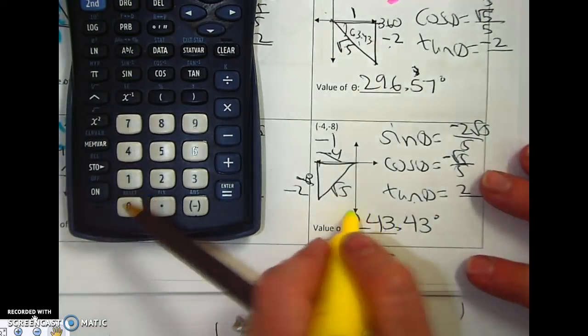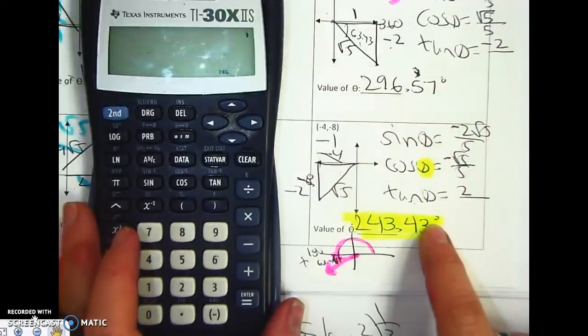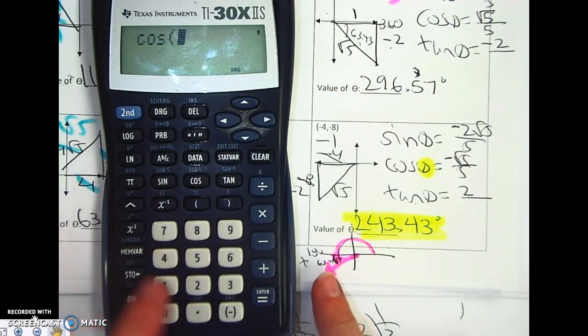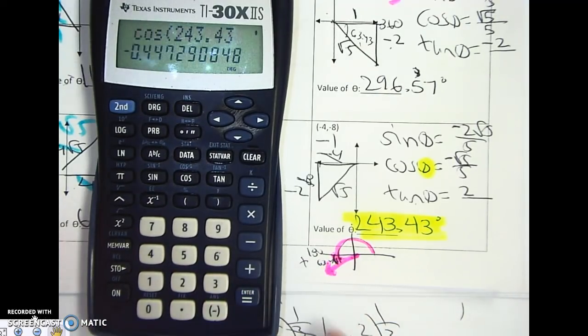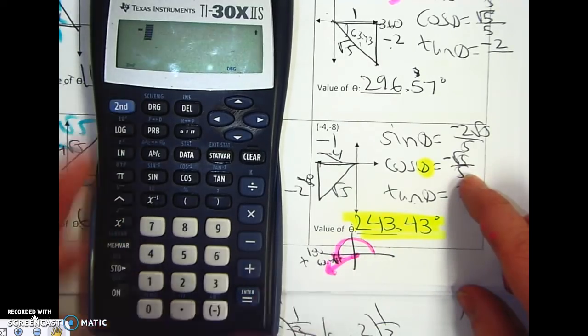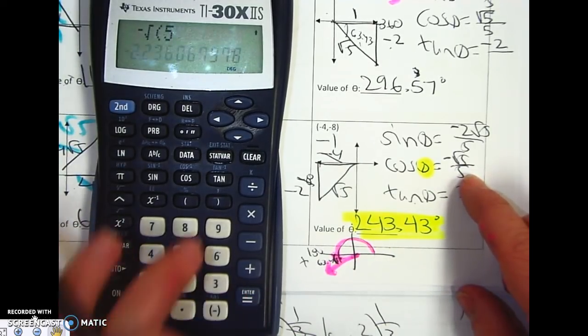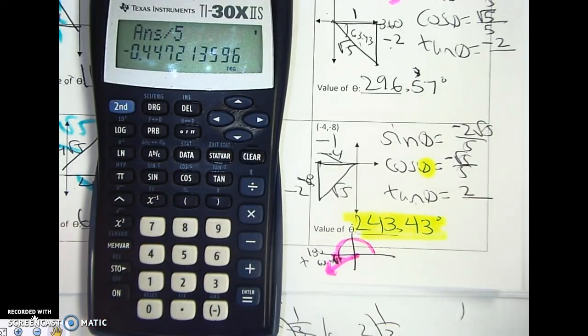Let me check it. I'll plug it in for cosine because maybe I just made a mistake on tan. So I'll go cosine of 243.43, enter, and I get negative 44 cents. So when I plug in negative square root of 5 divided by 5, it better be 44 cents. It is, and I'm good.